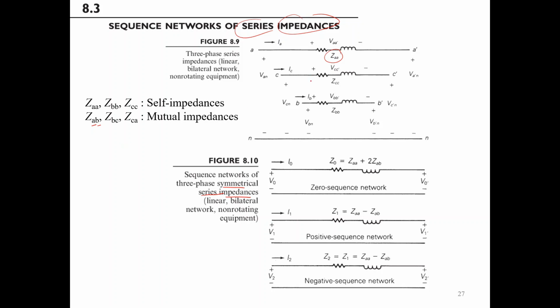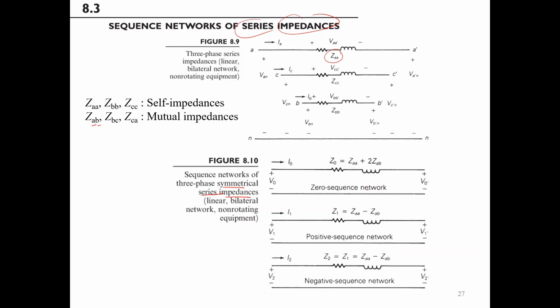Now you can see with the zero sequence, positive sequence, or negative sequence, it will start with CAA, okay? But if there is a mutual impedance, that will play the role in the zero, positive, and negative sequence in this fashion.